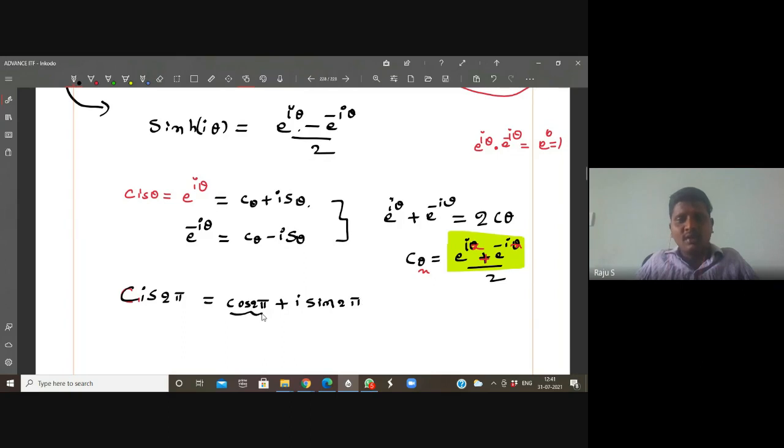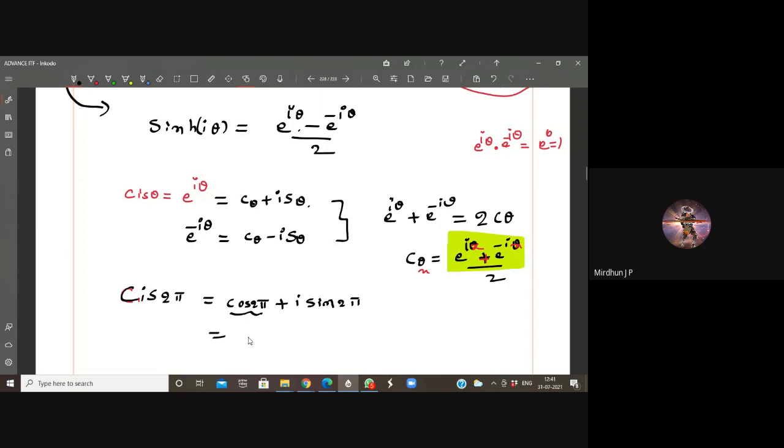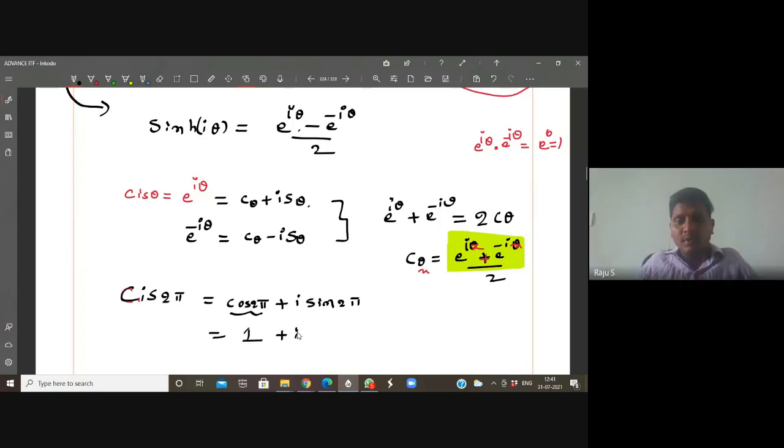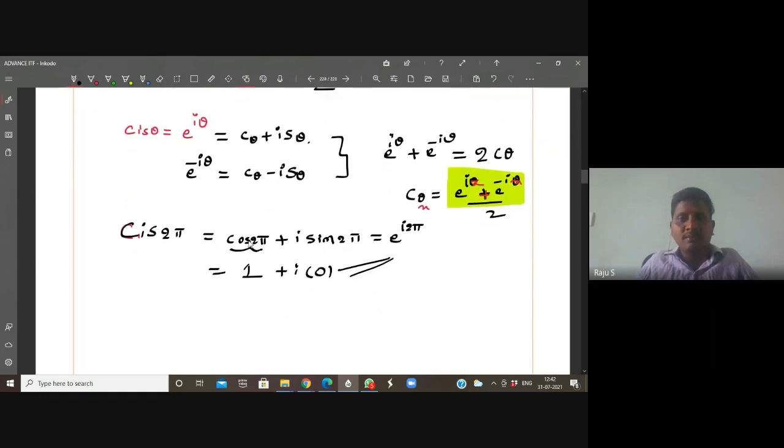What is cos 360? 1. And sin 360 is 0. So cos 2π plus i sin 2π, shall I write it as e^(i2π)? Yes or no? Yes, so θ is 2π and this is equal to 1.